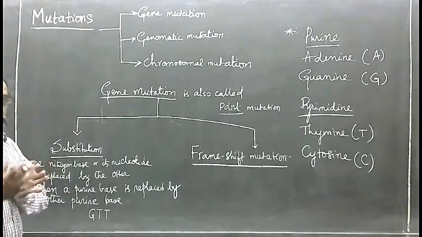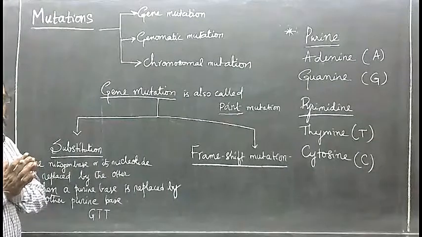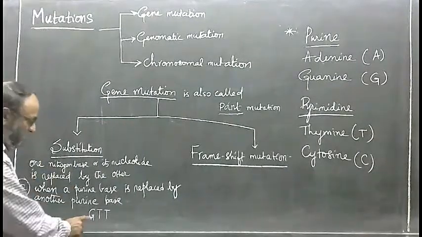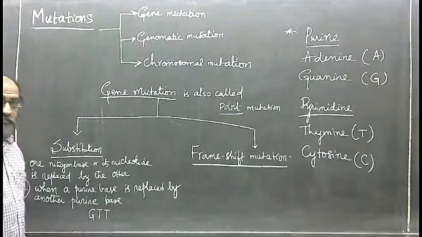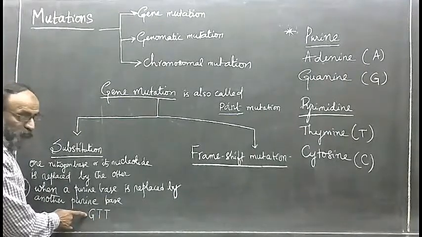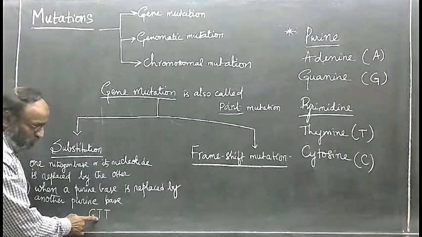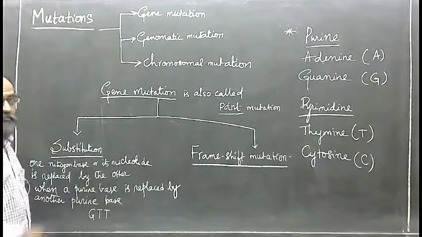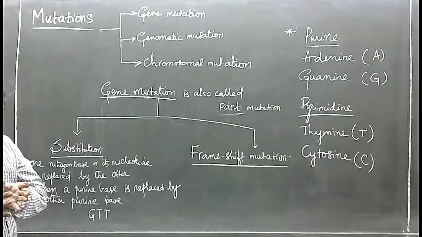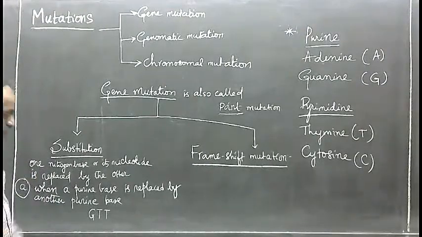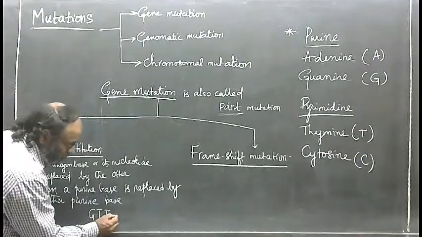A codon has three nitrogen bases or three nucleotides: guanine, thymine, thymine. Now observe the change.